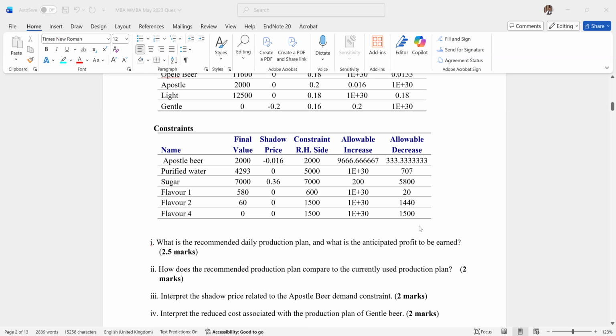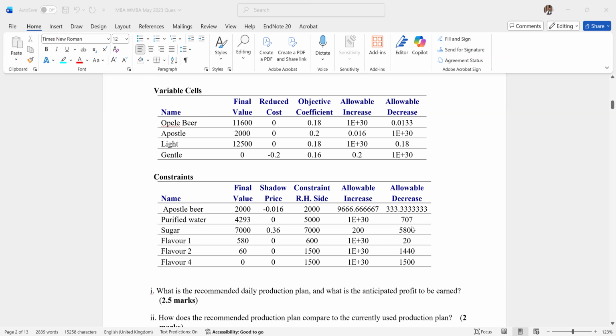The recommended daily production plan, how would you have answered it? The optimal solution. Where do you get it? Find it in the final value column of the variable cells. That's it. So you get 11,600, then 2,000, then 12,500, and then nothing for gentle beer.